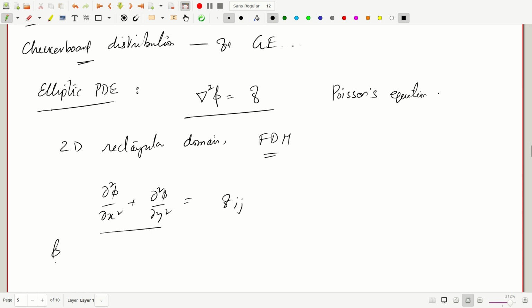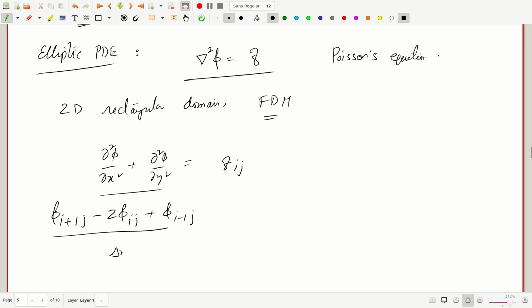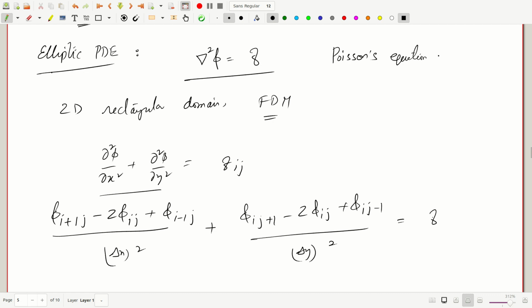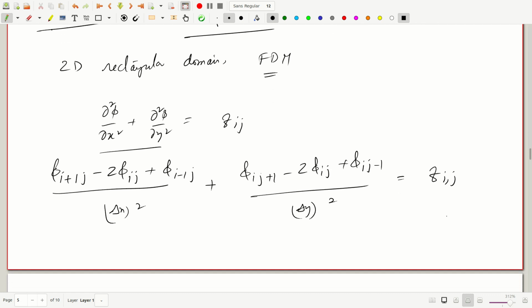If we discretize this, you have phi i plus 1 j minus 2 phi ij plus phi i minus 1 j divided by delta x square, plus phi i j plus 1 minus 2 phi ij plus phi i j minus 1 divided by delta y square, equals f i,j. So we are talking about a rectangular domain with grid sizes delta x and delta y.